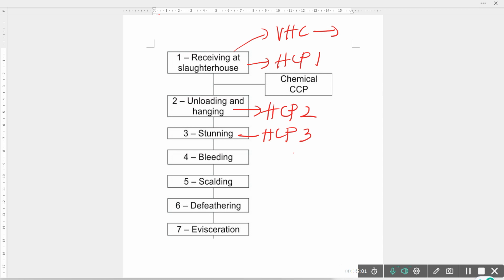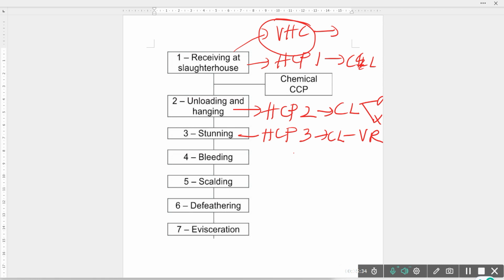For example here receiving this veterinary health certificate is your critical limit. Unloading and hanging pun boleh jadi critical limit whether your chicken died or not. Alright. And then stunning critical limit dia adalah voltage range. Nampak tak? Can get the way that we develop critical limit lah. Alright.